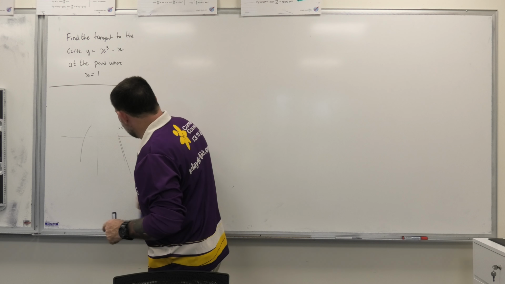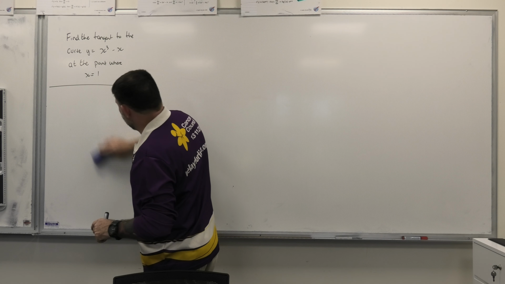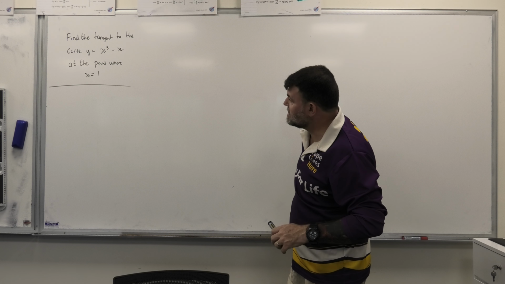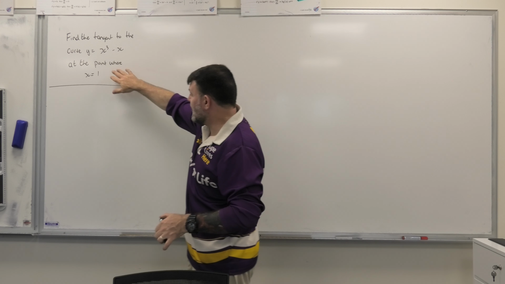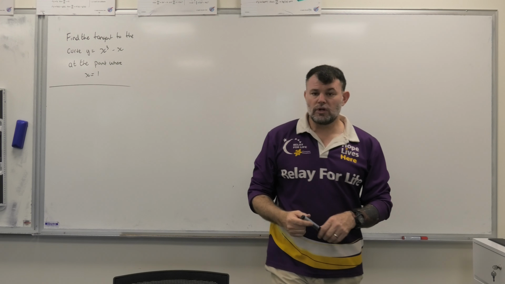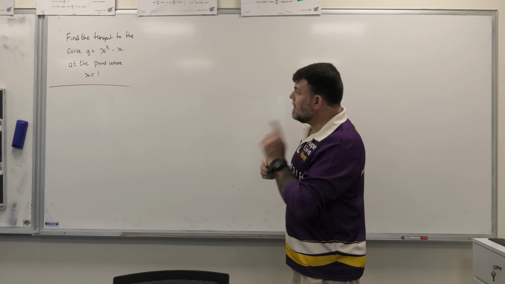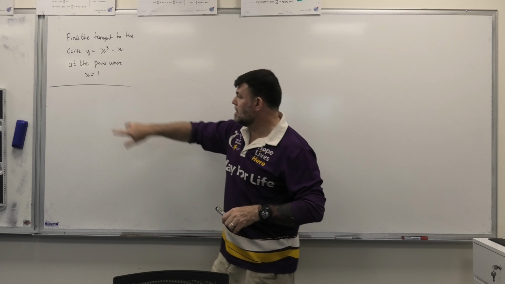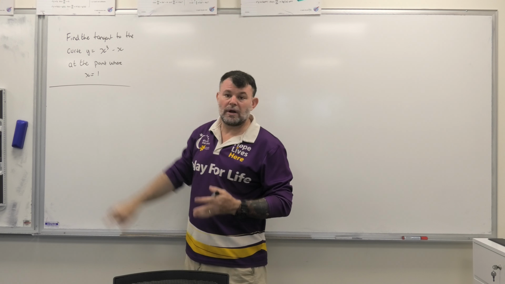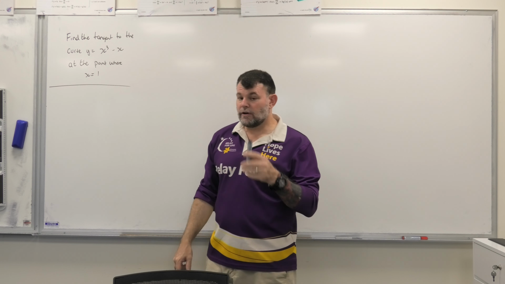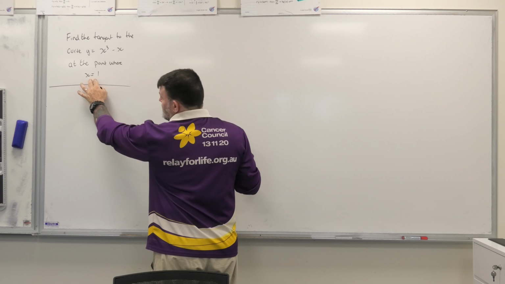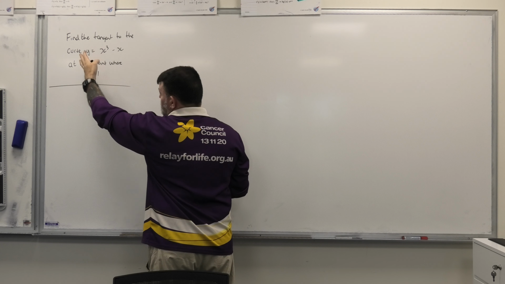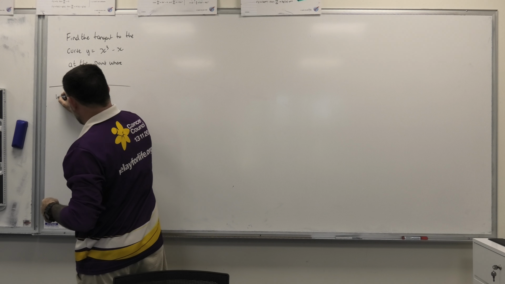So let's get into this first example. It's saying here, find the tangent to the curve y equals x cubed minus x at the point where x is equal to 1. When we're looking at these types of questions, we are going to be using an equation later on where we are going to need both our x1 and our y1, or our data. So the first thing we want to do is, we know what x1 is, so let's find out what the y equivalent is when we plug x into the function.